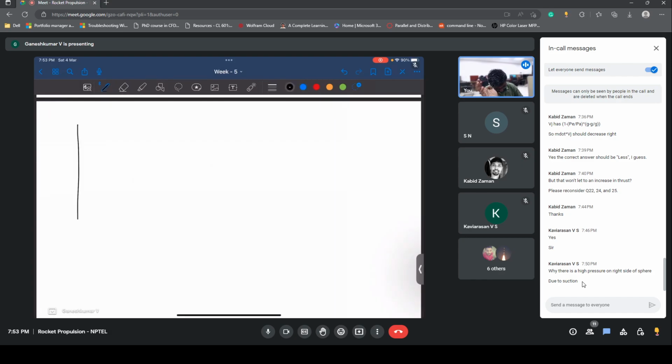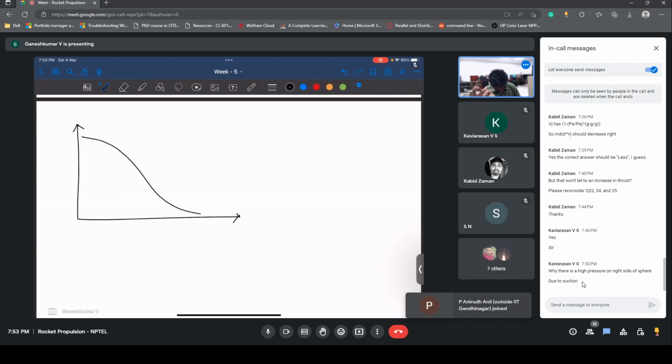So what I told was, this is the pressure and this is the position x. If I don't have exit pressure equal to ambient pressure, what I'm going to have is a shock, and then due to the shock I'm going to have a subsonic section. Let me draw a nozzle also so that it will be clear.